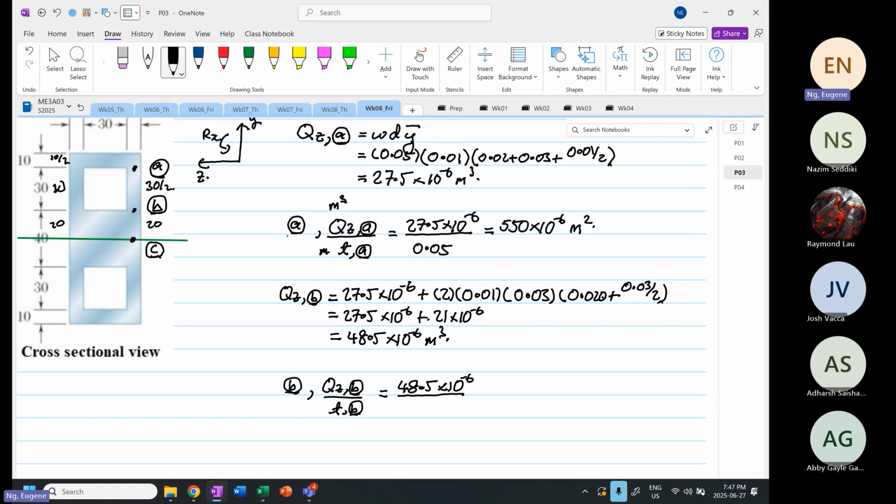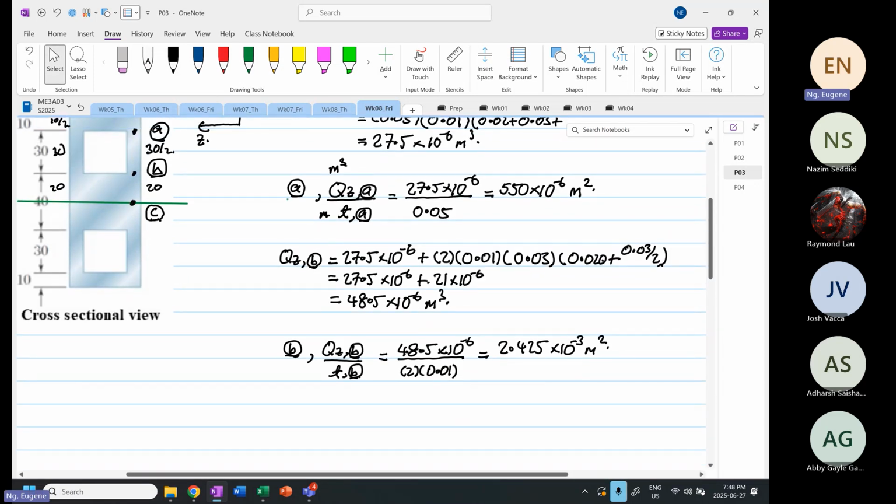So the thickness is equal to what? The thickness is equal to twice 0.01. This is where we have our T min. Yes. So 48.5 times 10 to the power minus 6 divided by 2 times 0.01 is equal to 2.425 times 10 to the power minus 3 meter squared.